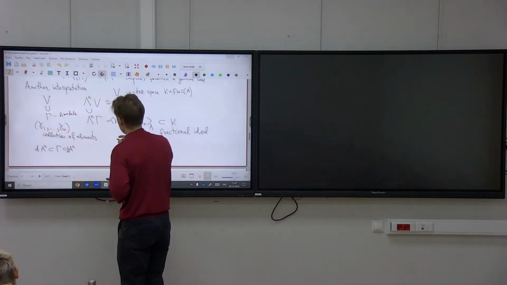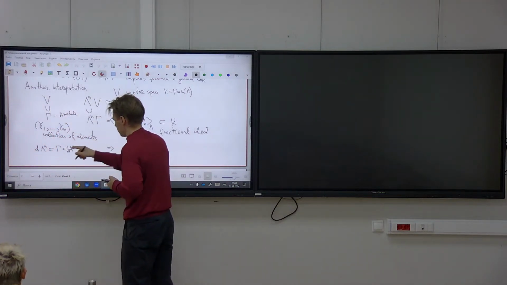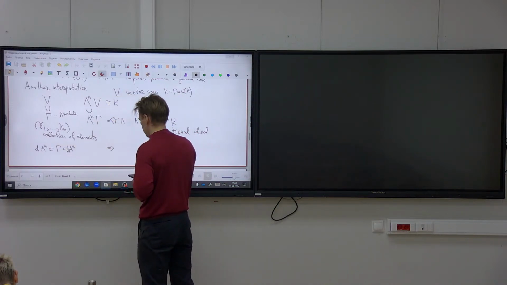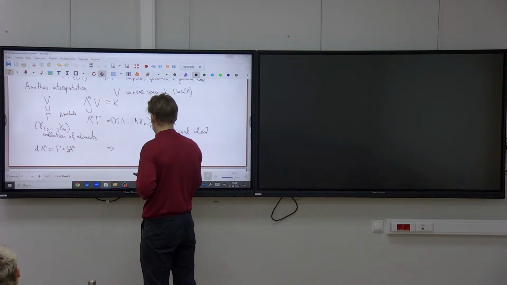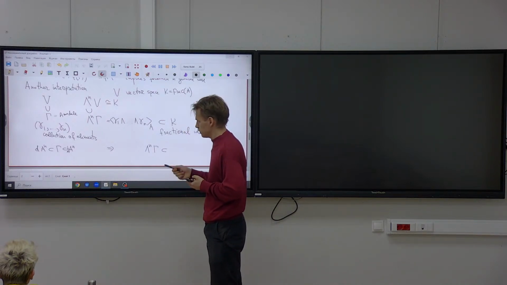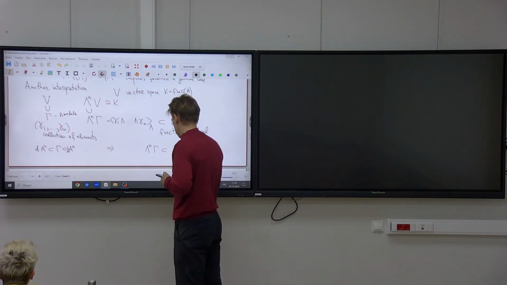Yeah, but so this implies that if you take this highest power, then what should I write here? It is contained where? In 1 over t to the power n, equals lambda n.